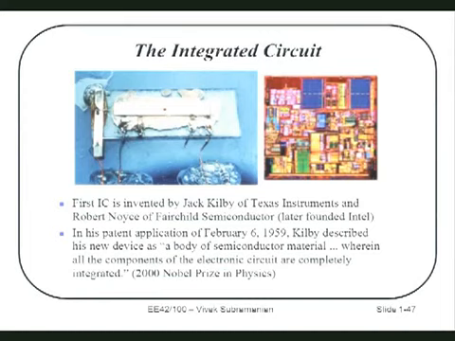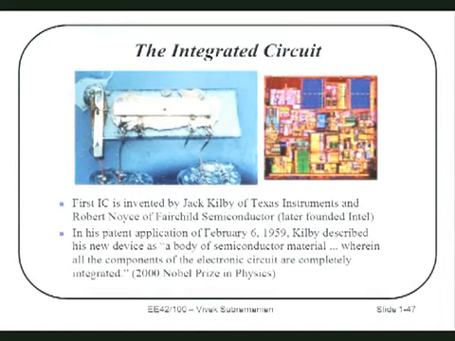And the integrated circuit was first invented, well, by two people, arguably, Jack Kilby of Texas Instruments and Robert Noyce of what was Fairchild Semiconductor. You may know who Robert Noyce is. He was one of the founders of Intel. Okay? And an integrated circuit was basically a device that combined multiple components on it.